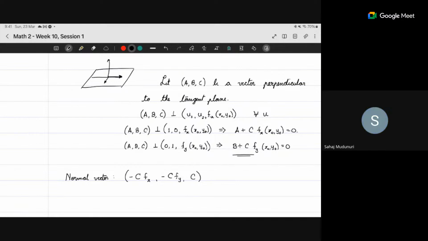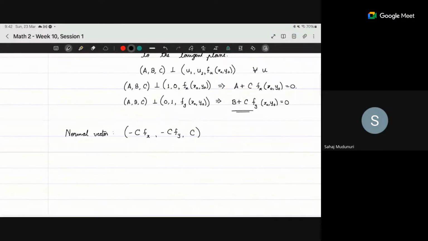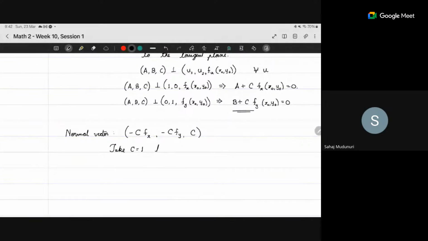So the normal vector can be described up to scaling. So I'll just take c equal to 1 for convenience. So what we'll get is (-fx, -fy, 1) is a normal vector to the plane.